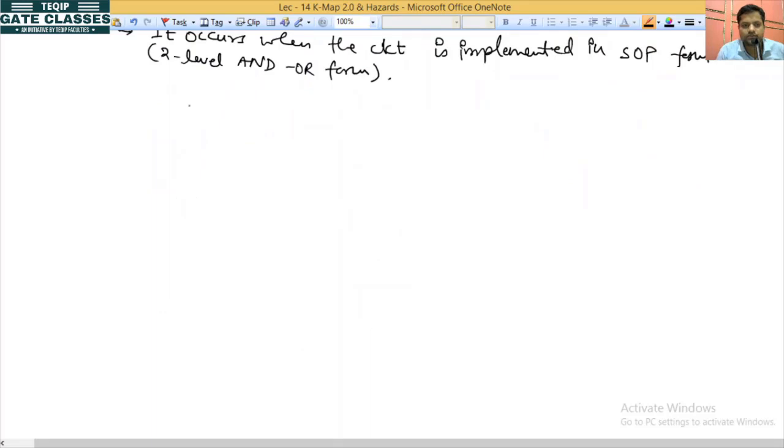Similarly, there is one more hazard, that is static zero hazard. In static zero hazard we are expecting output 0, but for a very short time it goes to 1.